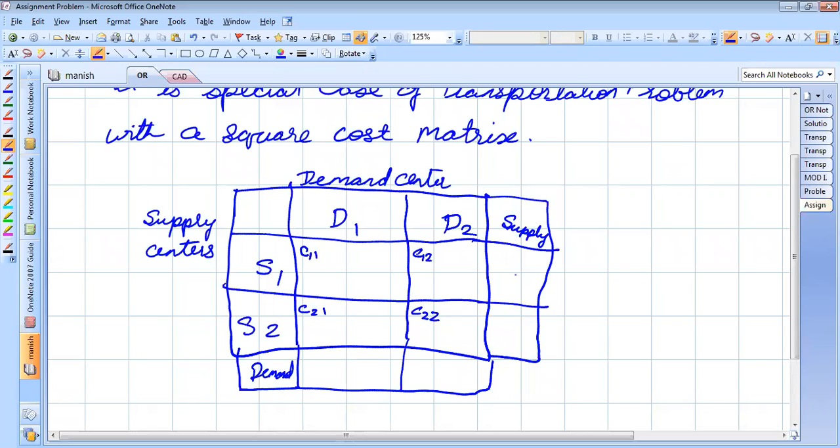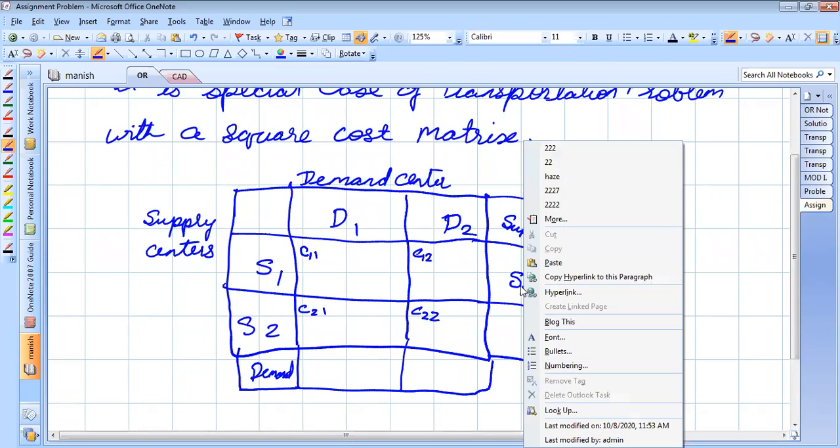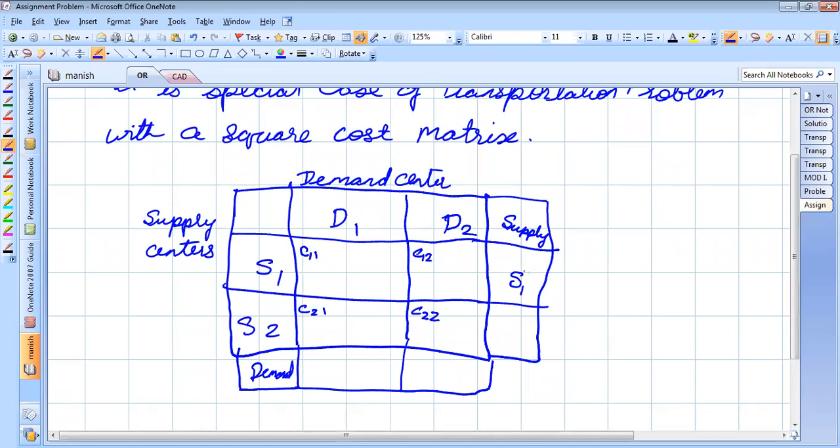Here there is some supply S1, or let us say here in this case, for the assignment problem, the supply will be 1, demand will be 1, demand will be 1.